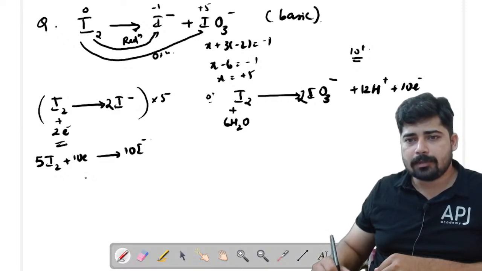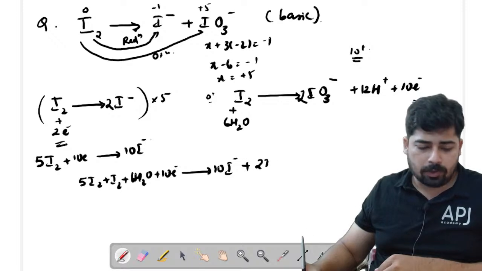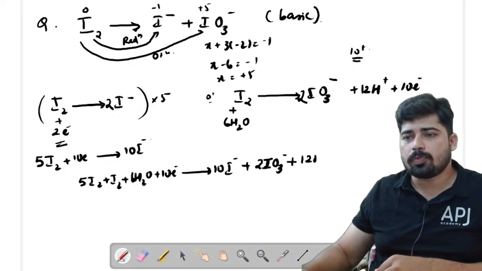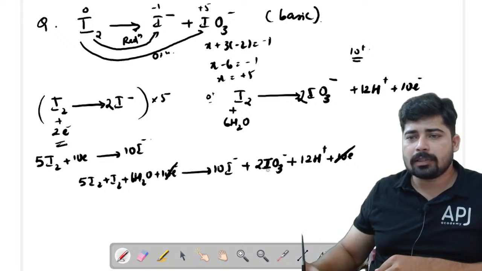Now on the LHS, 5I2 plus I2 plus 6H2O plus 10 electrons, giving on the RHS 10 I minus plus 2 IO3 minus plus 12 H plus plus 10 electrons. Cancel the 10 electrons and now everything is okay except here it is H plus.